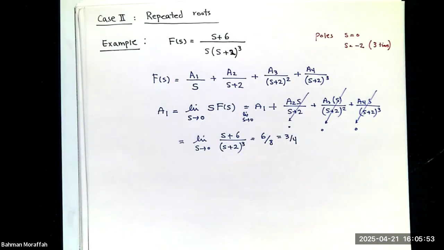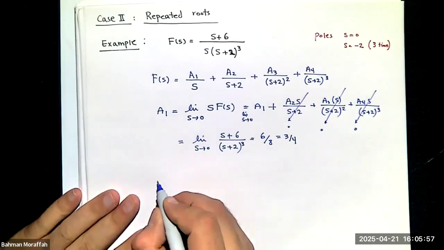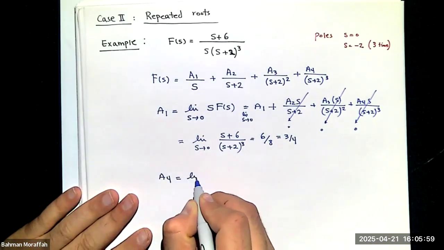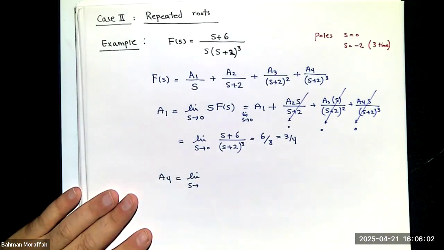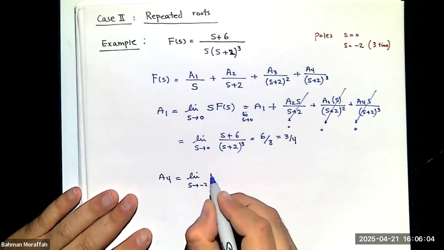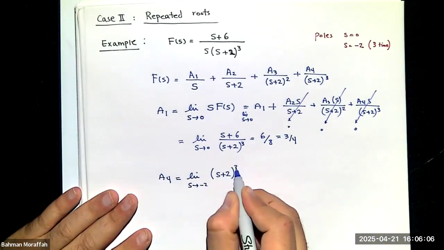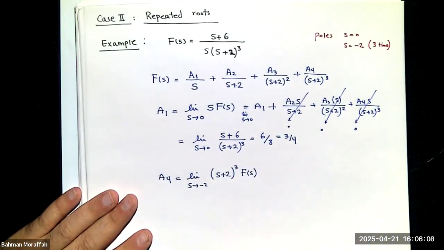I'm claiming a4 is not bad either. So let's compute a4. And a4 is the limit when s goes to -2 of s plus 2 to the power of 3 times F of s.